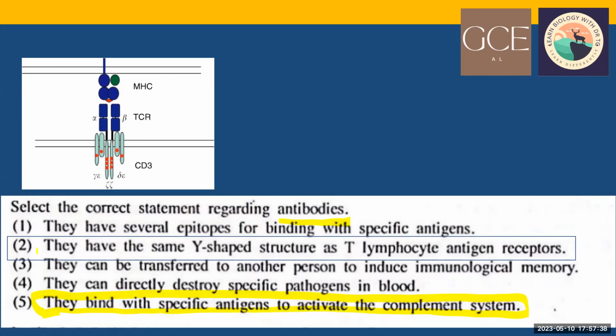Now focus on choice 2. They have the same Y-shaped structure as the T lymphocyte antigen receptor. That means antibodies are Y-shaped, and this is the same as the T lymphocyte antigen receptor.